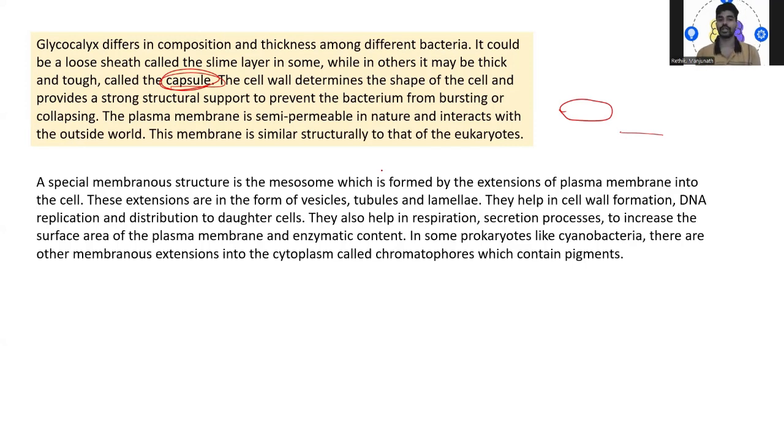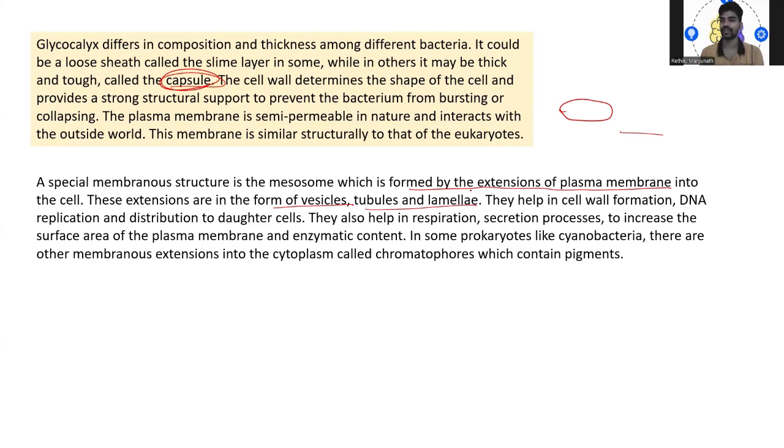Then there is a special membrane structure, the mesosome, which is formed by the extension of the plasma membrane into the cell. These extensions are in the form of vesicles, tubules, and lamellae.